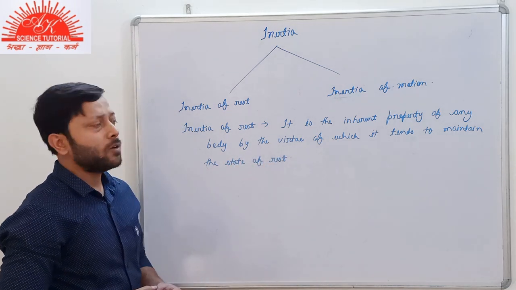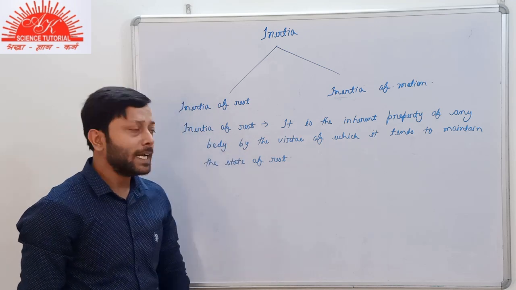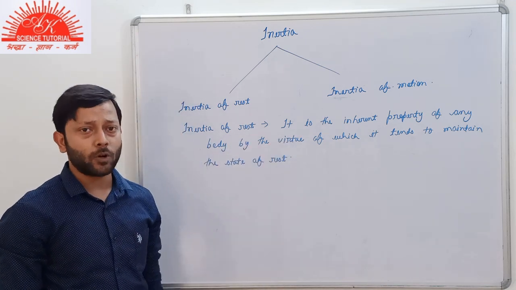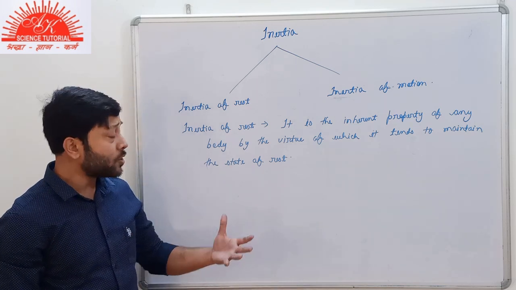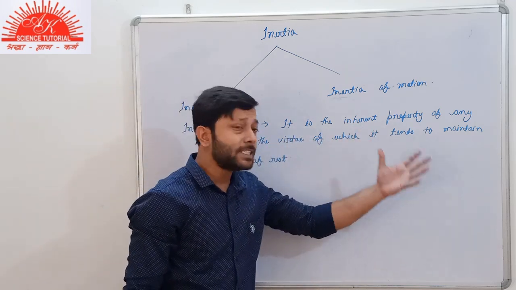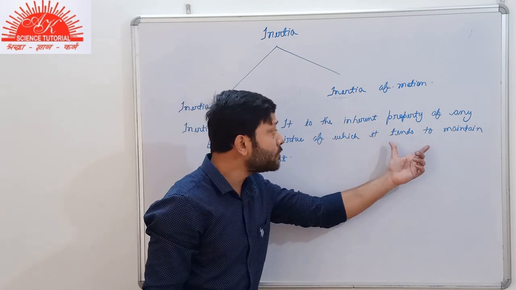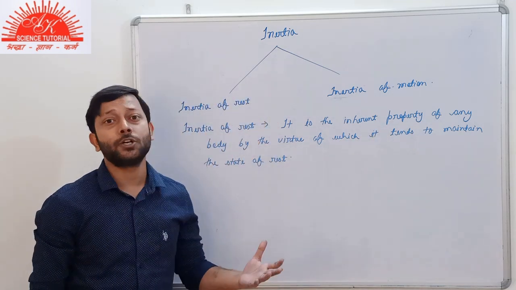So what is the inertia of rest? It is the inherent property of any body due to which the tendency of the body is to maintain the state of rest.